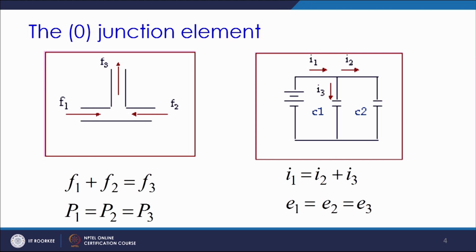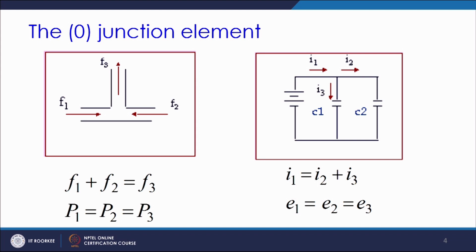Then we know that in this example the pressure is going to be the same everywhere on all 3 sides. So we write P1 is equal to P2 is equal to P3, and in this case F1 plus F2 is going to be equal to F3. So this scenario represents a zero junction structure, which is nothing but the constant effort junction, and here the efforts are the pressures. So in case of zero junction, your efforts are equal, whereas the flows are summed up as per their direction.